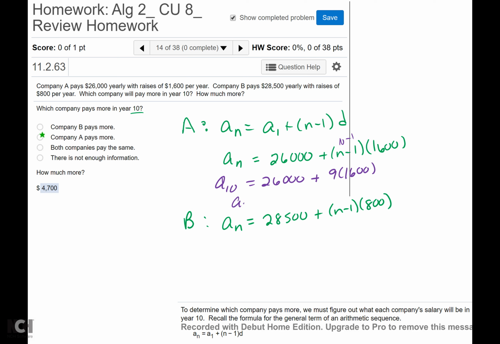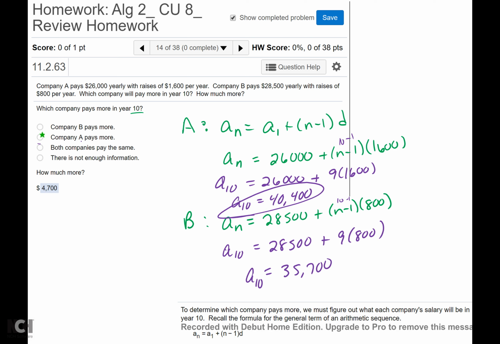In the 10th year, you get 40,400. For Company B, the 10th year, 28,500 plus 9 raises of 800, because 10 minus 1 is 9. So 28,500 plus 9 times 800 gives me 35,700. So obviously, Company A pays more.